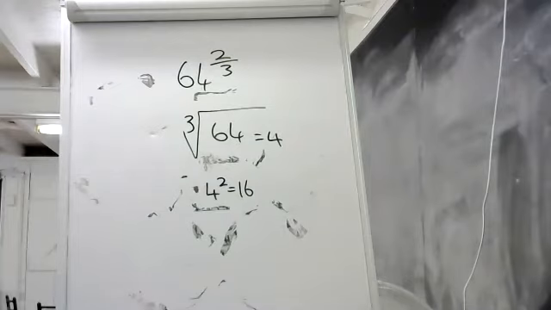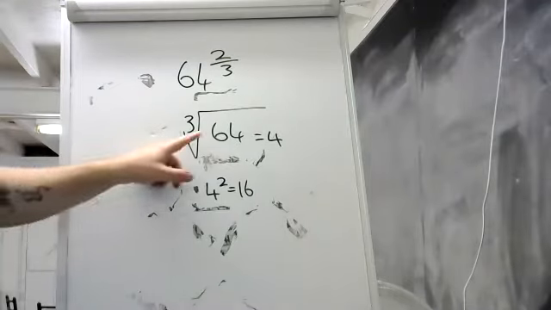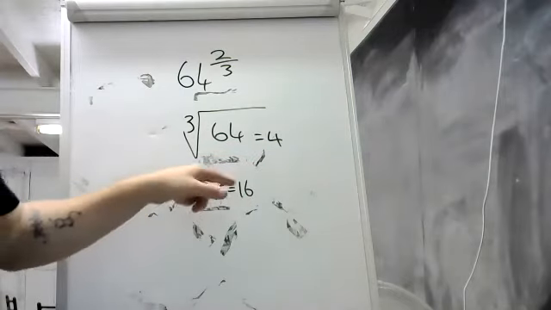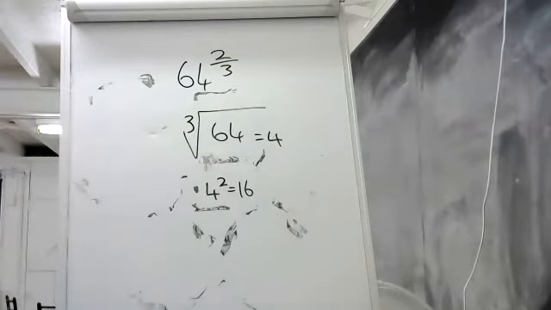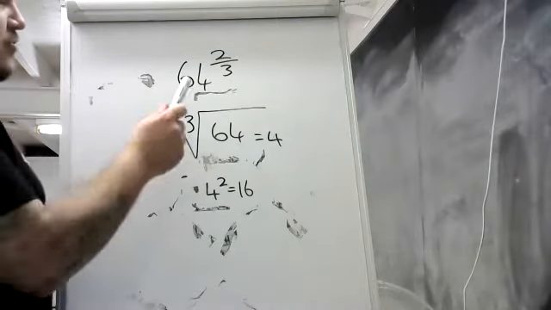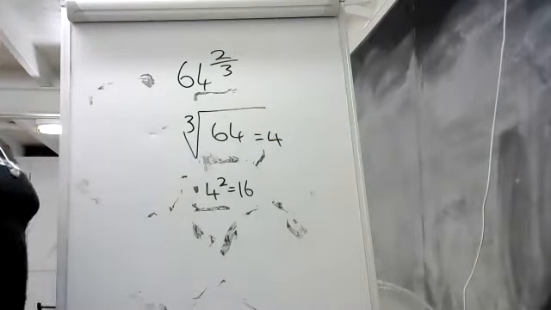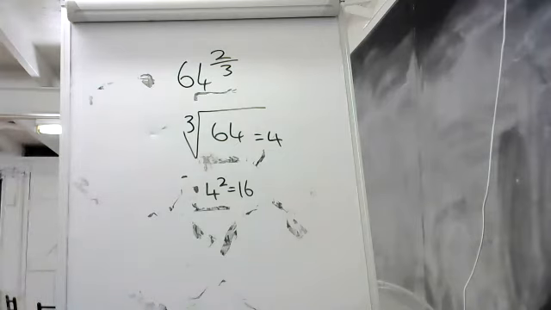So the cube root of 64 squared is the same as 4 squared. Just easier to add it down here because 64 times 64, I can't bother working it out. And if you were putting in your calculator the cube root of 64 squared, you'd probably get 16, I'd guess.